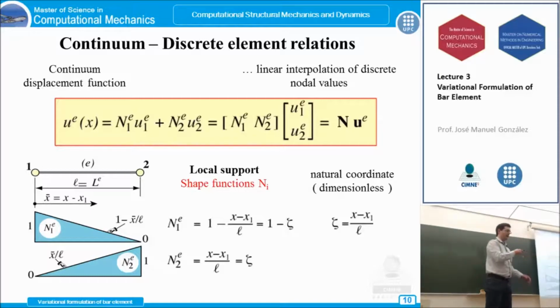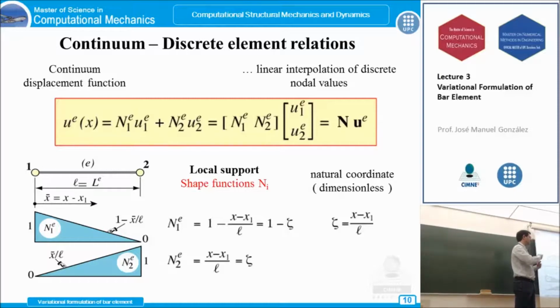Remember that upper L is the length of the whole bar, but this bar element from node 1 to node 2 has length L. So we must define this shape function as 1 minus the fraction of the length with respect to the total length of the element. The second shape function is calculated using x minus x1, the coordinate of the first node, divided by L. This is a dimensionless coordinate. We call it the natural coordinate.